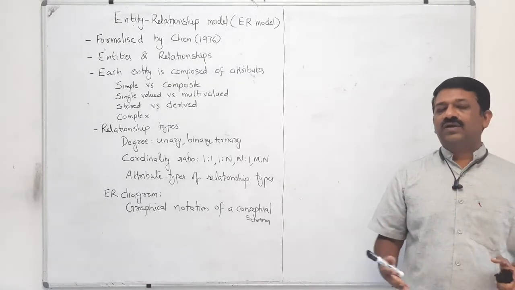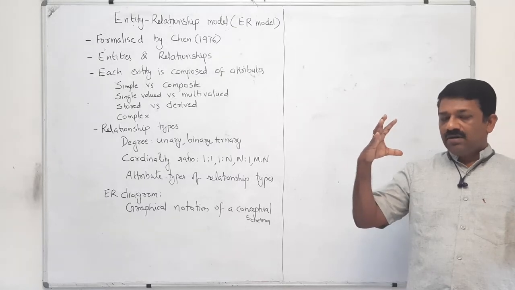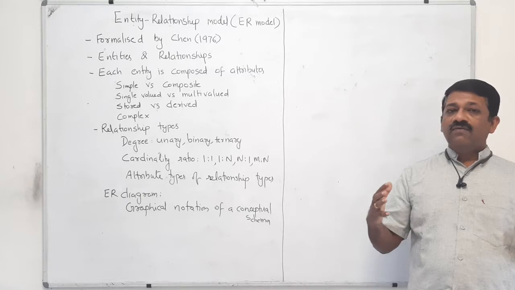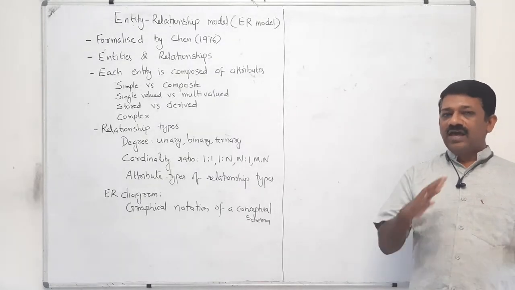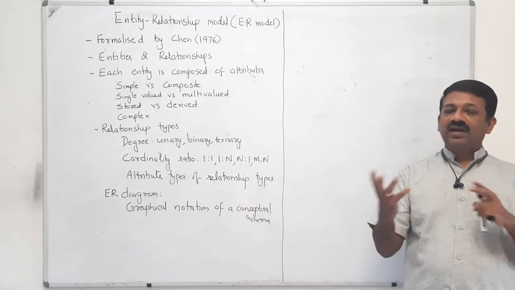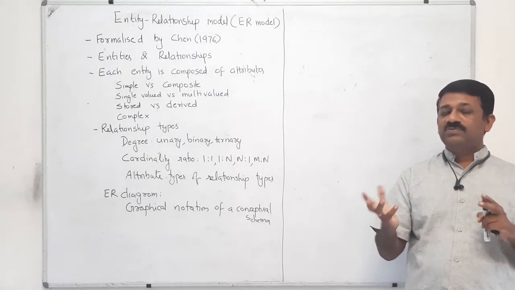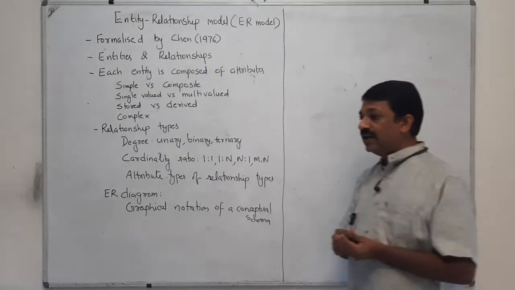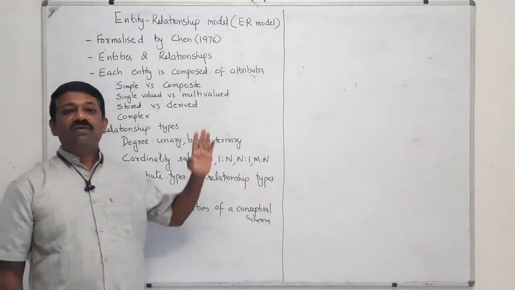A number of relationships exist between the students and all the stakeholders. In a very big enterprise like a college, you can identify a number of entities and their interconnections. That means there are relationships between all these entities, and the graphical representation of that is called an ER model or ER diagram.